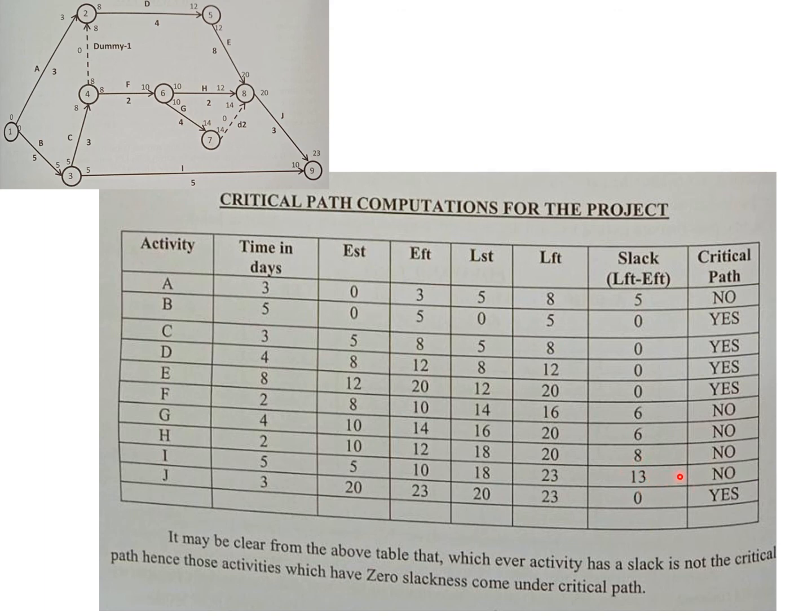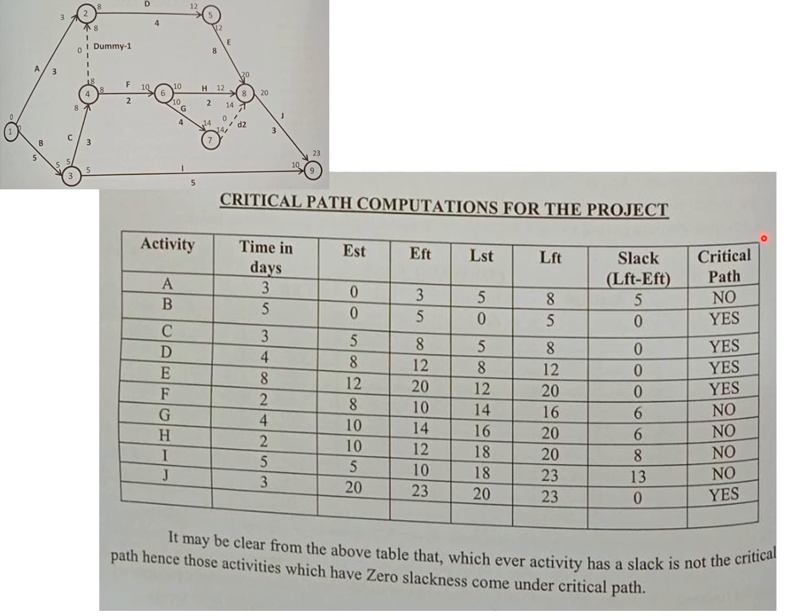If an activity has slack, then you have some flexibility in terms of the time available to finish it. It means it is not on the critical path. The activities which do not have any slack, which are B, C, D, E and J, all have zero slack, which means they are on the critical path.